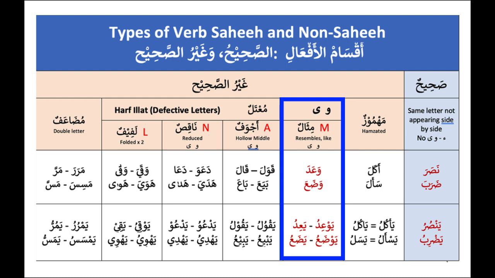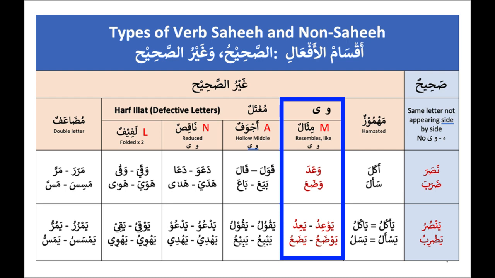For example, the purpose of this tabdil process for changing the Madi form into Mudariyo or any other form is to make it short, simplify it, and easier to pronounce. So the original Mudariyo format of wa'ada is yaw'idu. Now after tabdil you can see it is ya'idu, shorter, easier to pronounce.